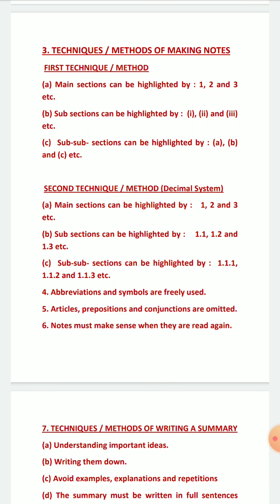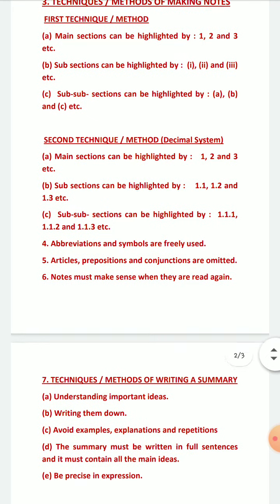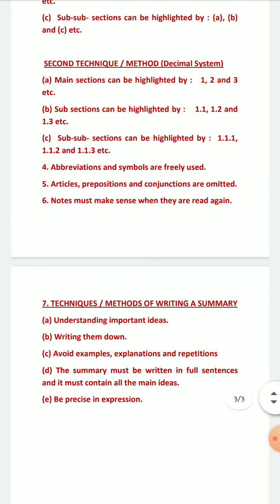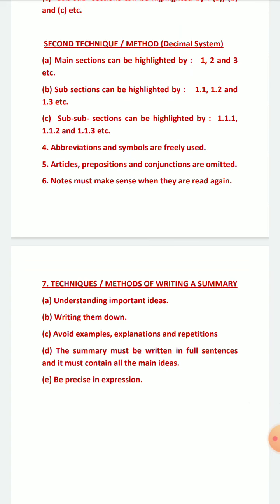This is one technique. Another technique which is very popular, dear students, you might find in the materials that I have given you. I mainly followed this system in many of my note making solved assignments, that we call the decimal system.